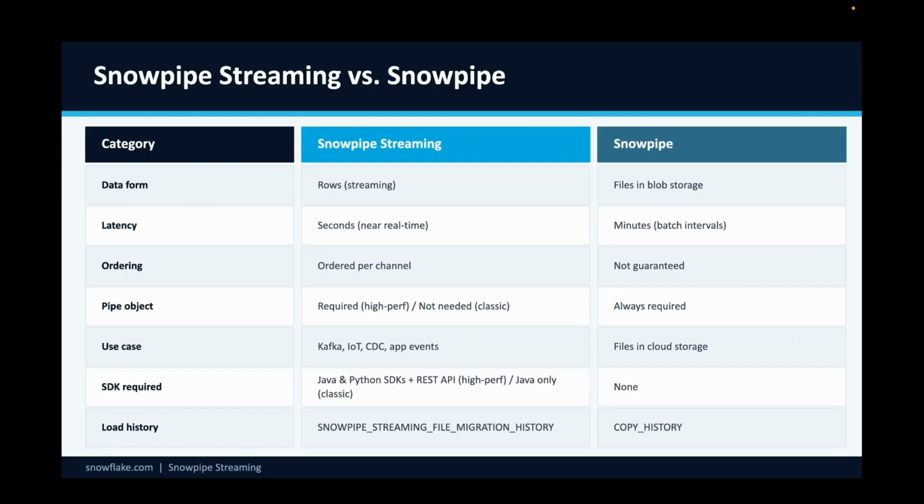If files need to be ingested from cloud storage to Snowflake, Snowpipe is the right choice. Java, Python SDKs plus REST API are available in high performance Snowpipe streaming architecture, whereas it was Java only in classic architecture. There is no SDK required in Snowpipe. For loading historical data, file migration history is available as part of Snowpipe streaming. Copy history is available in Snowpipe.